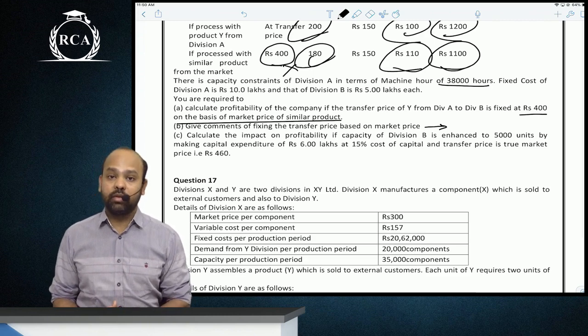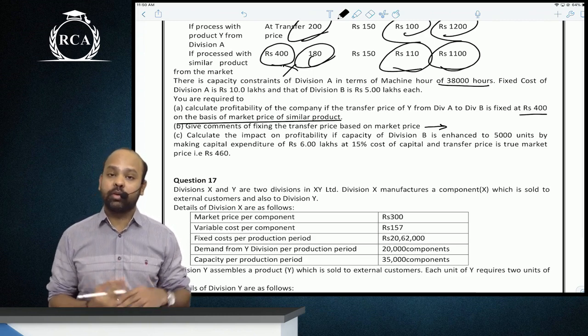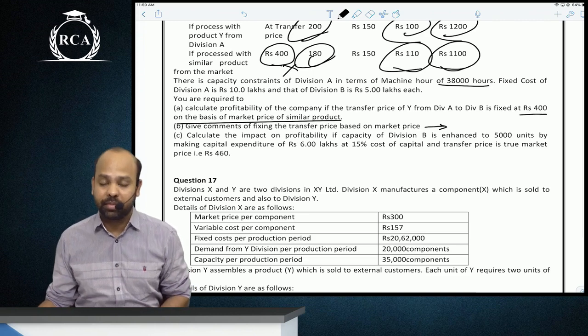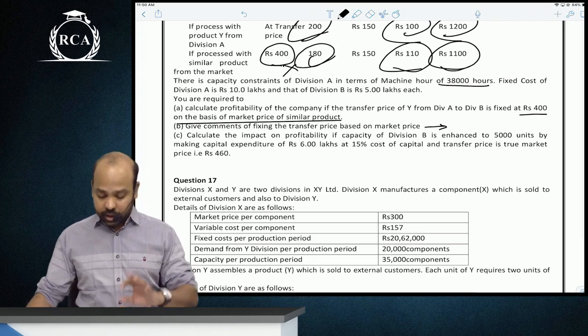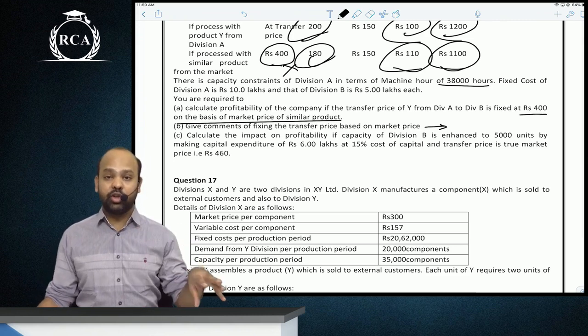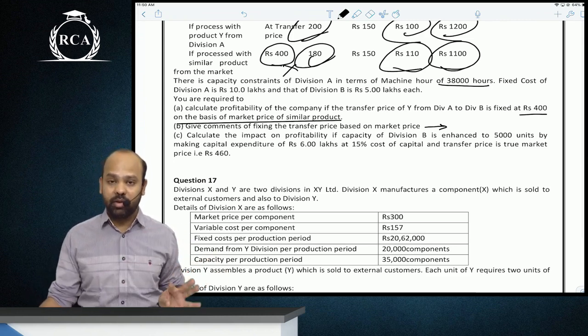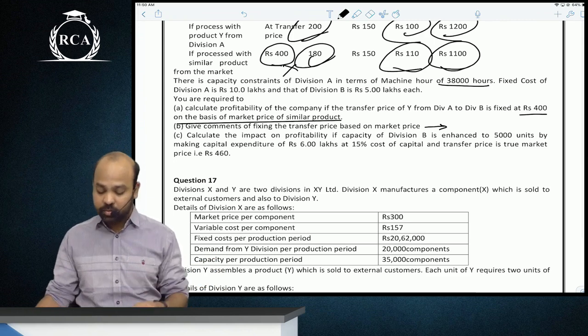Division A is at a loss if the transfer price is fixed at 400 rupees because their opportunity cost is not being fully recovered, and division B is being given an unfavorable advantage. Division A's profit will be low and division B's profit will be more, but the decision is still from the viewpoint of the company.